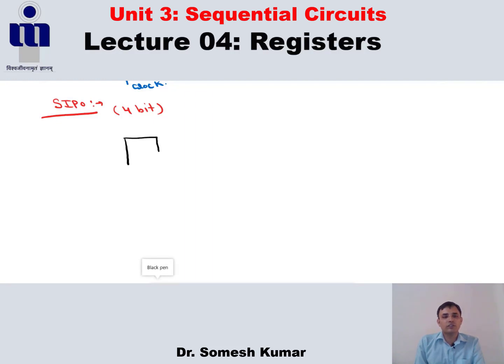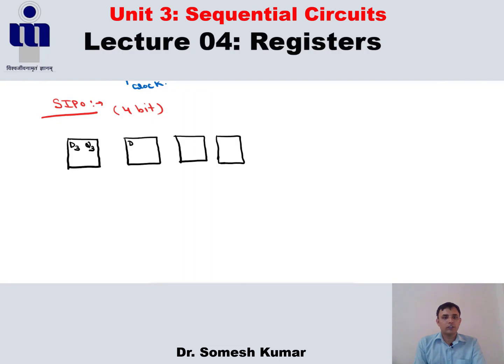So this is the first flip-flop, this is the second flip-flop, the third flip-flop. These are all the 4 flip-flops. So this is D3, Q3, D2, Q2, D1, Q1, D0 and Q0.